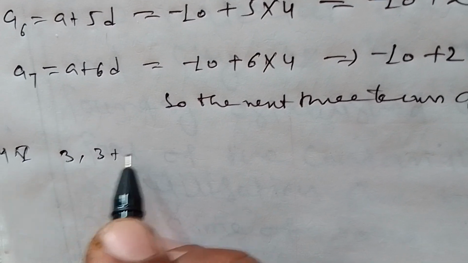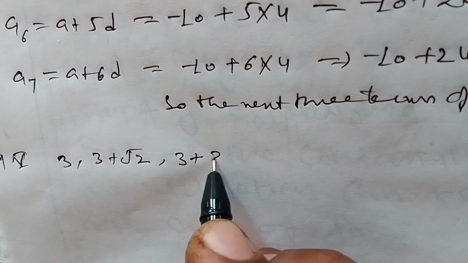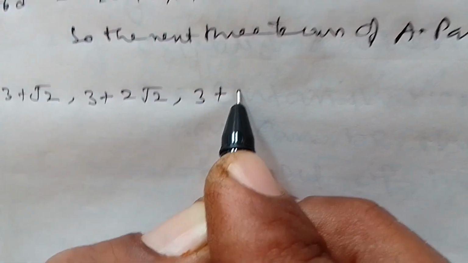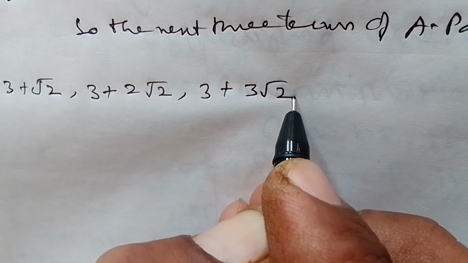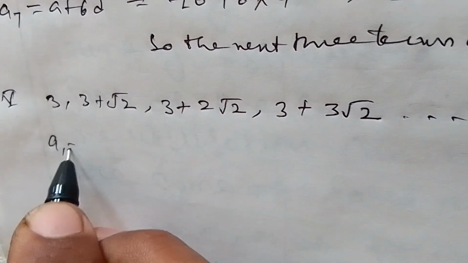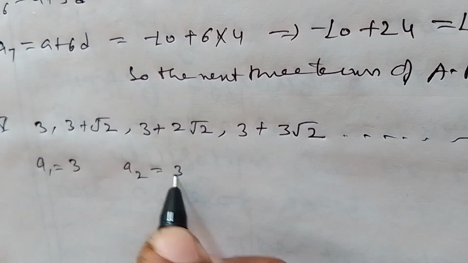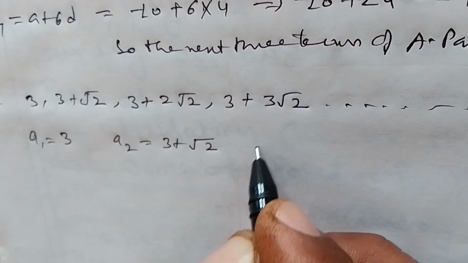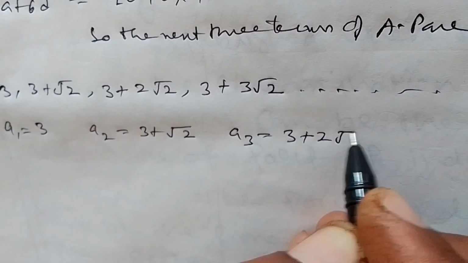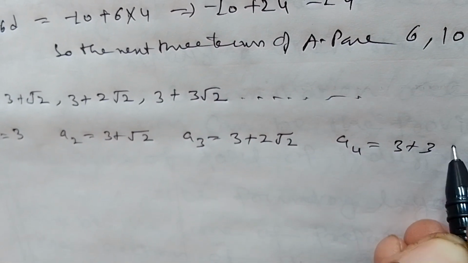3 plus under root 2, 3 plus 2 under root 2, then 3 plus 3 under root 2, and so on. So here A1 comes out to be 3, A2 is 3 plus under root 2, A3 is 3 plus 2 under root 2, then A4 is 3 plus 3 under root 2.